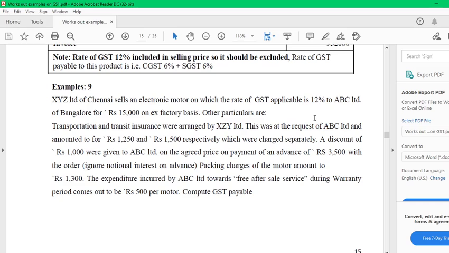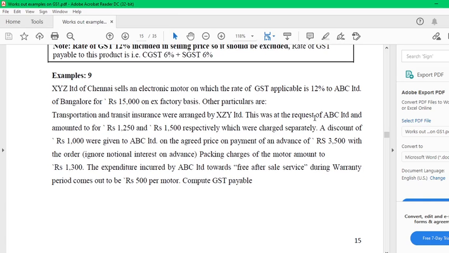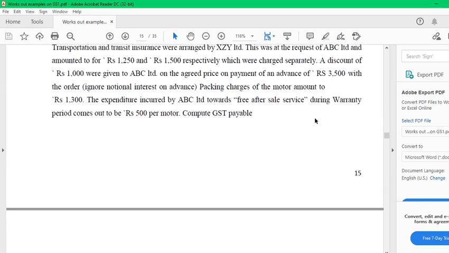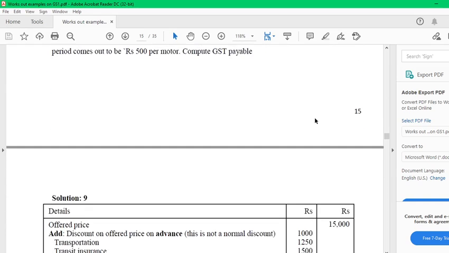A discount of rupees 1000 was given to ABC Limited on the agreed price and payment of an advance of 3500 with order. Ignore notional interest on advance. Packing charges of motor amount 1300. The expenditure incurred by ABC Limited towards free after sales service during warranty period comes to rupees 500 per motor. Compute GST payable. Let's look into these problem solutions one by one.